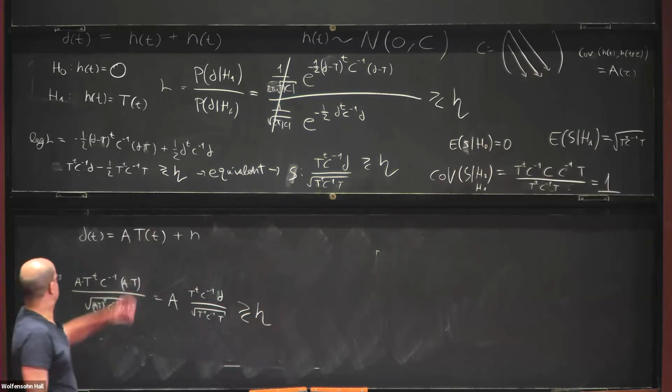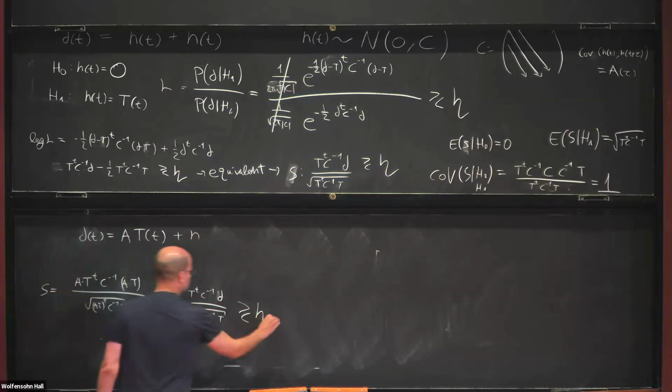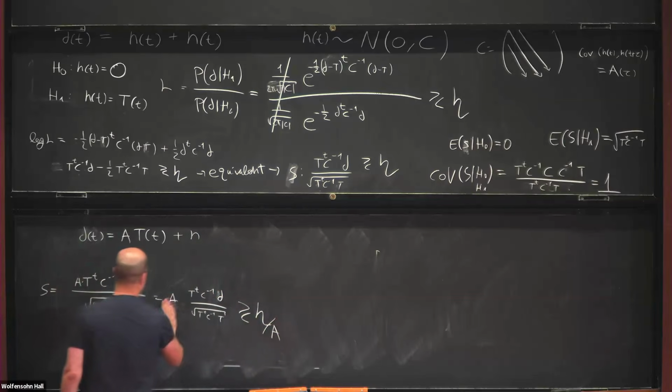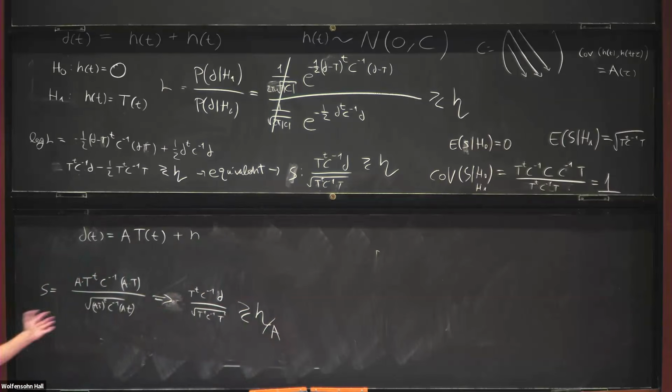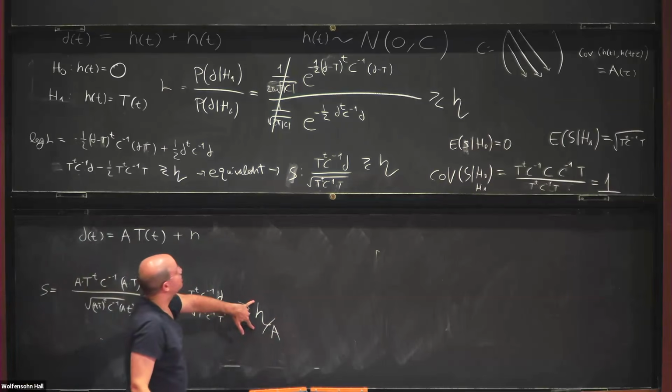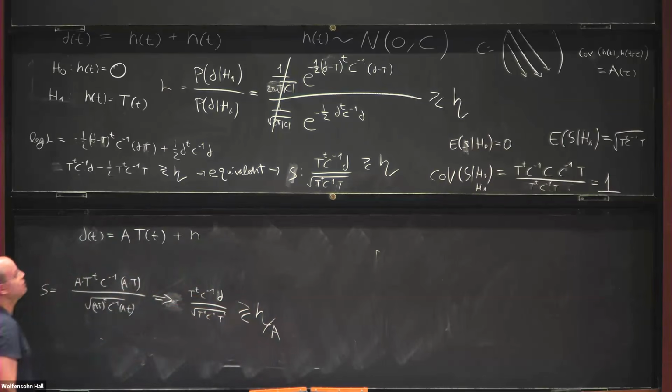I can just forget about the a. I shoved it into the eta. And lo and behold, I have a test. And if I want a given false alarm rate that the dean has dictated, so it's 1 in a trillion or whatever, I don't need to know a.